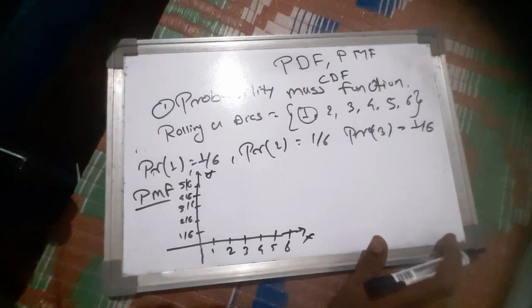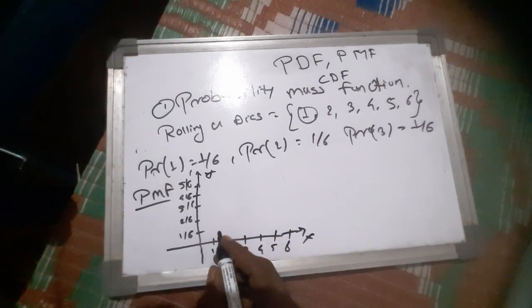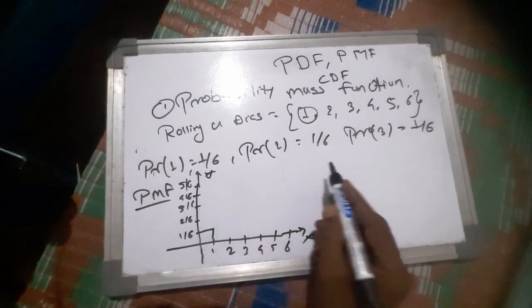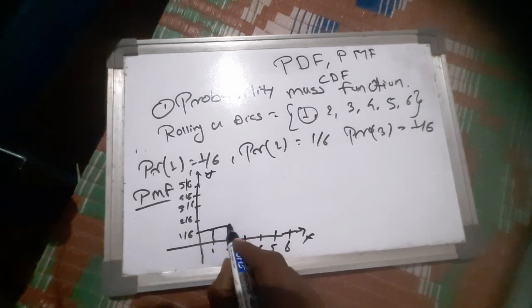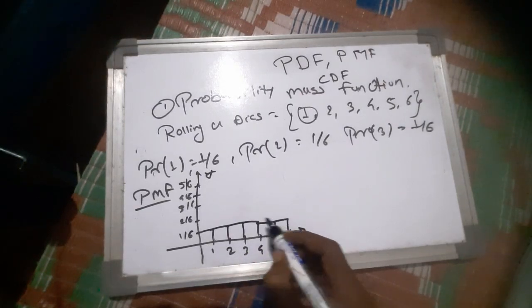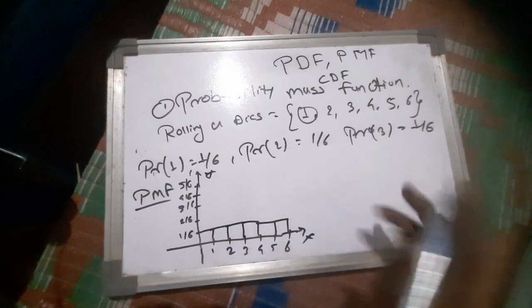So we talk about the probability of 1, which is 1 by 6. Similarly, the probability of 2 is 1 by 6, the probability of 3 is 1 by 6, the probability of 4 is 1 by 6, all are the same, so your graph looks like that.